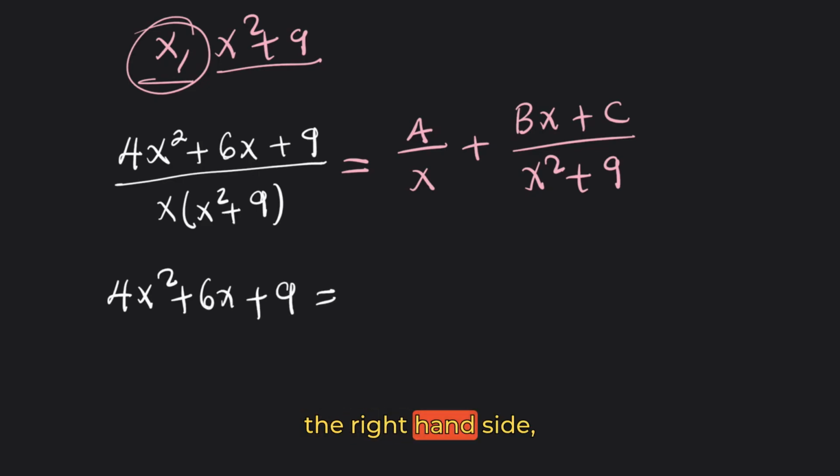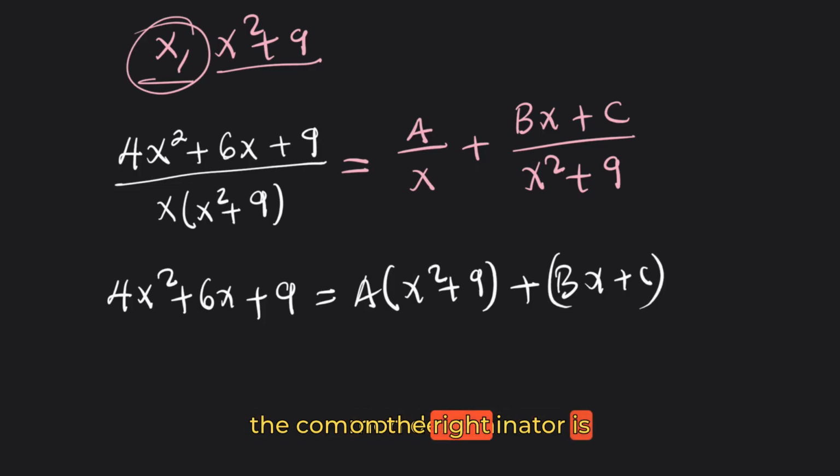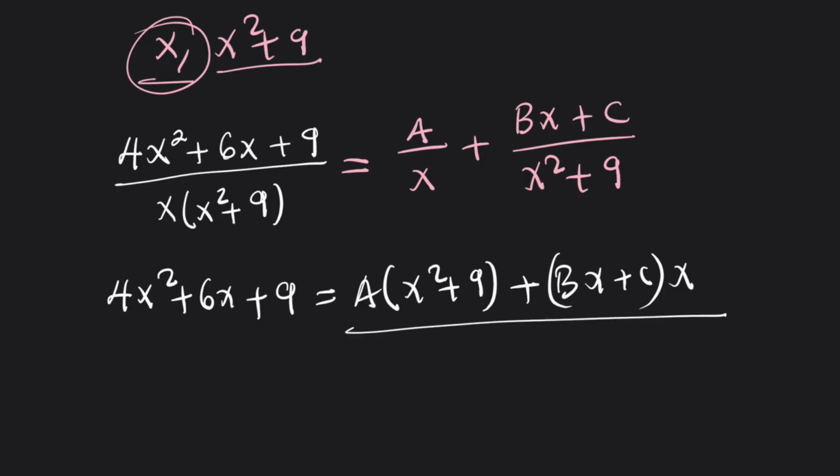Then on the right hand side, we can combine the numerator by writing this as A into x squared plus 9, then plus Bx plus C, everybody multiplied by x. We wrote this because the common denominator is x multiplied by x squared plus 9.